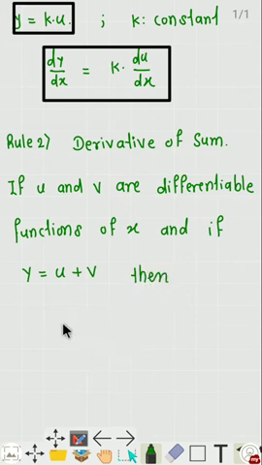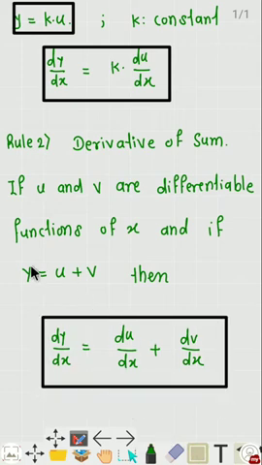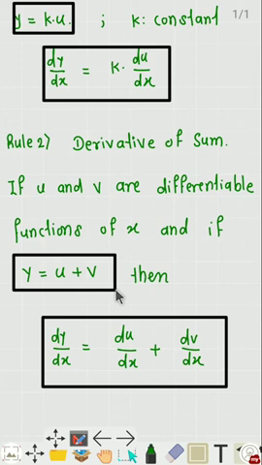Then we write derivative of y with respect to x like this: derivative of u with respect to x plus derivative of v with respect to x. Okay, so this is the rule of differentiation when our y is addition of two functions u and v.